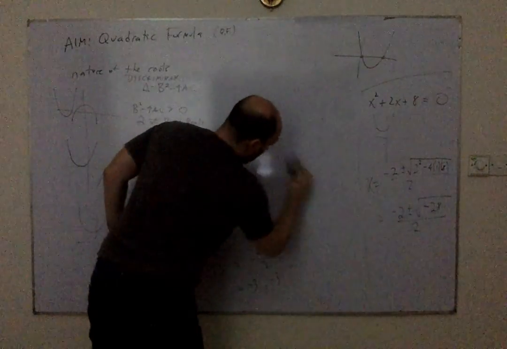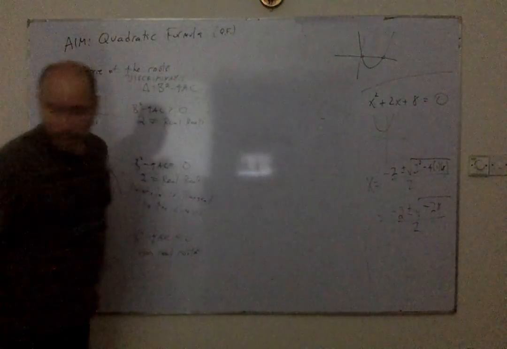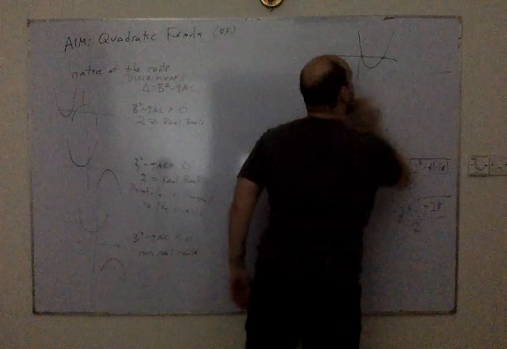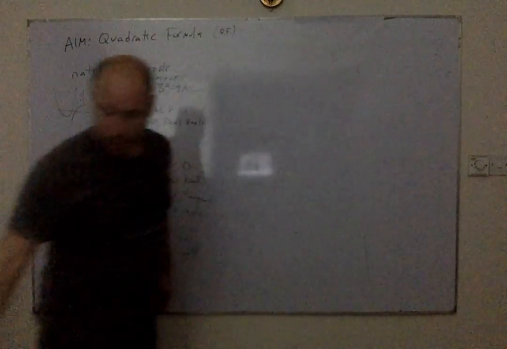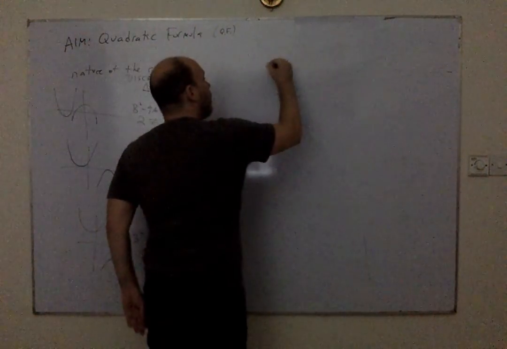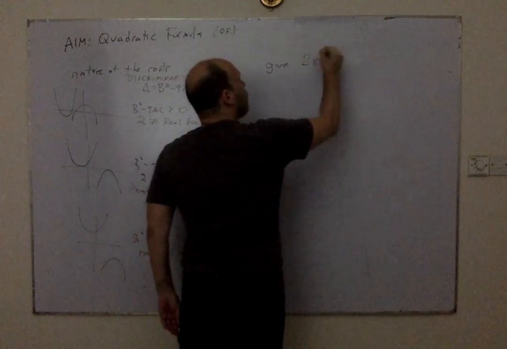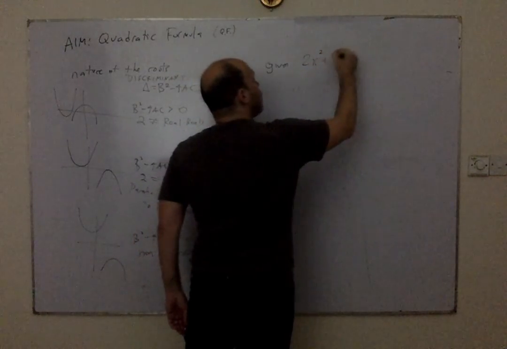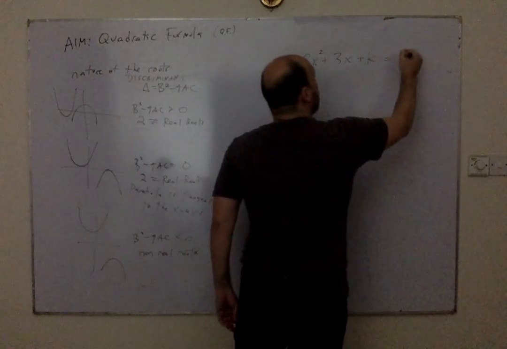So what they're going to say is, here's a perfect example. They're going to give you a quadratic. They're going to say, given, let's see, 2x squared plus 3x minus k plus k equals 0.